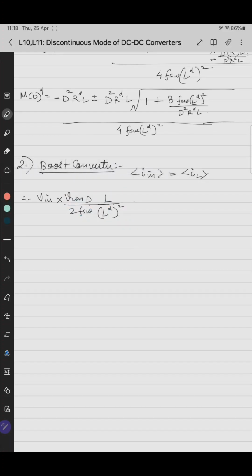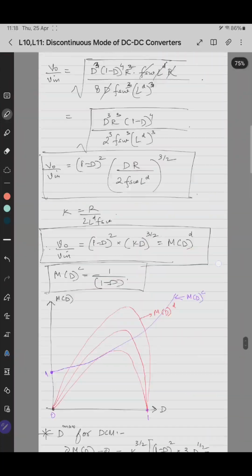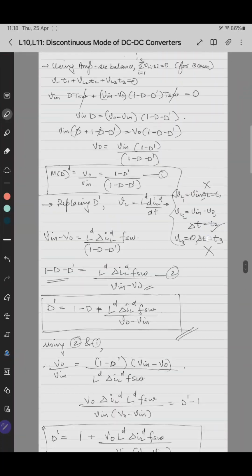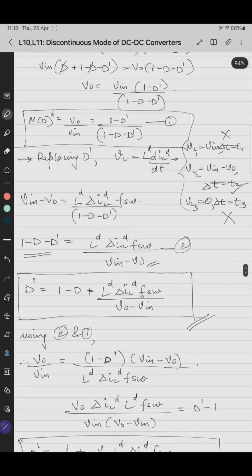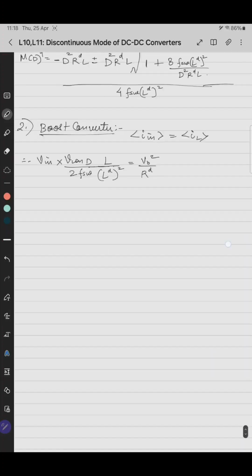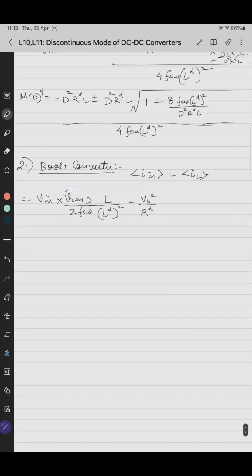V in into IL is equal to V naught square by RD. And what is VL on? When the switch is on for a boost converter, VL equals, I think it is V in. Yes. When the switch is on, VL equals V in.